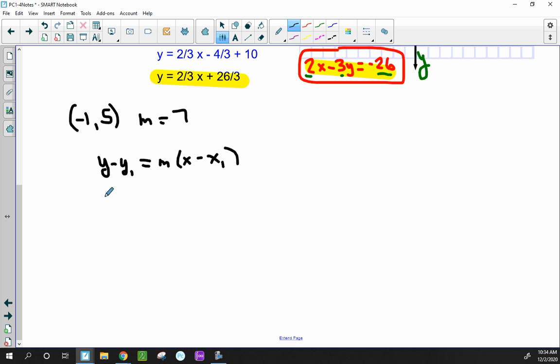Let's say you have this and you're trying to write your answer. You would do y minus the y coordinate, which is 5, equals 7, which is your m, parentheses x, minus the x coordinate, which is negative 1. You would want to write it like that first.